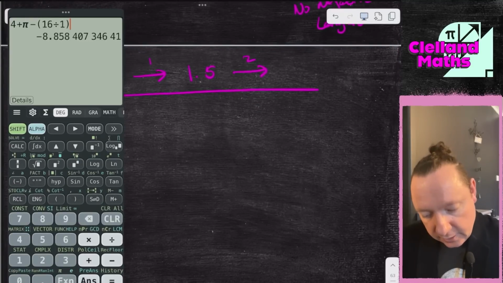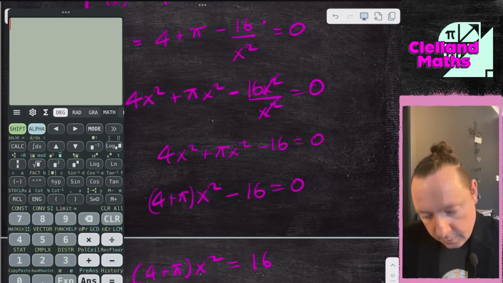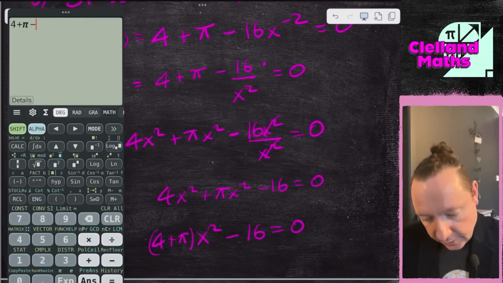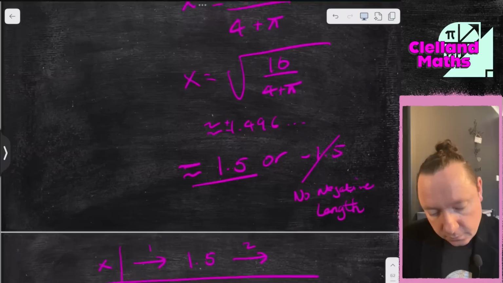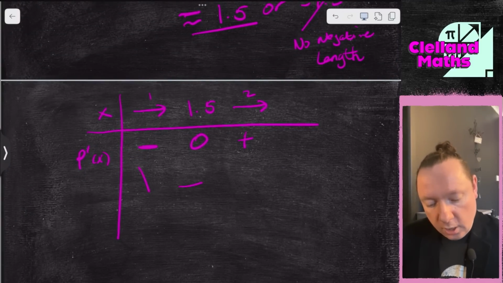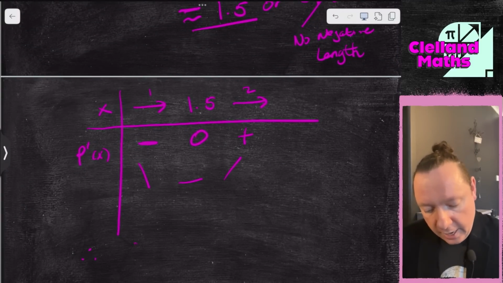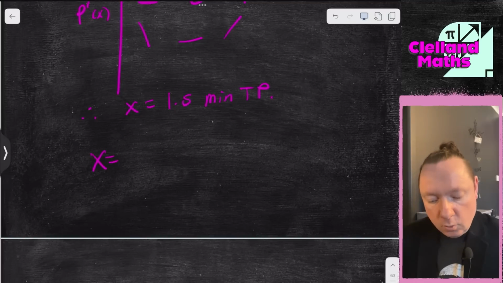So I can write that's negative, 0, and then picking 2, 4 plus pi minus 16 over 2 squared, which is 4. That's a positive number. And therefore our shape, always work out your shape: down, along, up, and therefore x equals 1.5 is a minimum turning point.